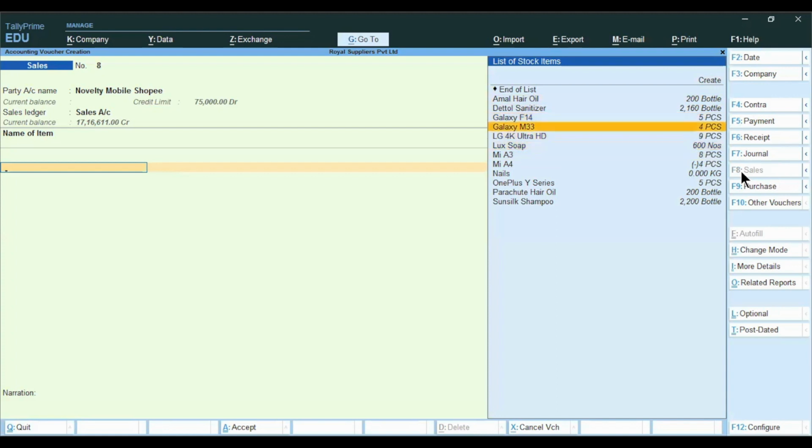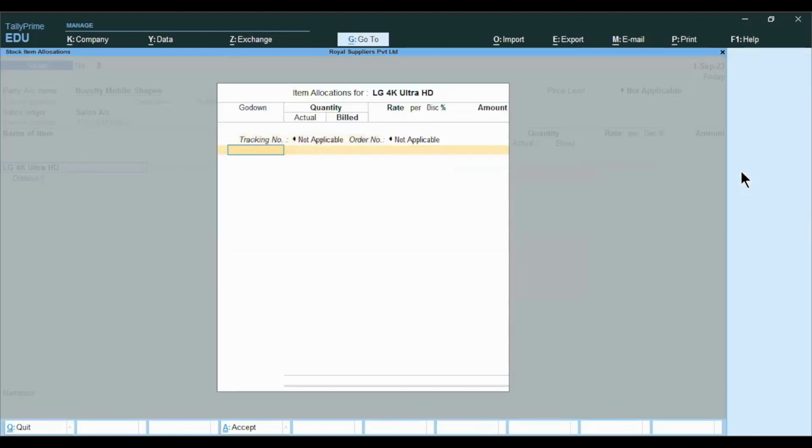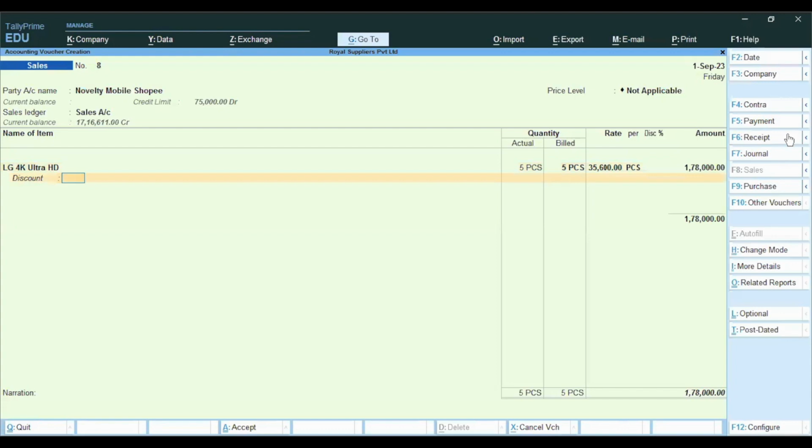Suppose we are selling LG 4K Ultra HD from Godown, MG Road. Suppose we are selling 500 pieces. The rate is 35,600. So the amount of the invoice will be 1,78,000. Just press enter, enter, enter, enter, enter.